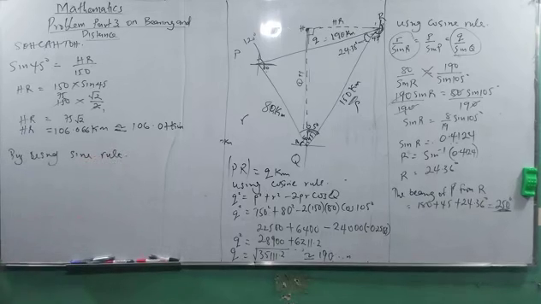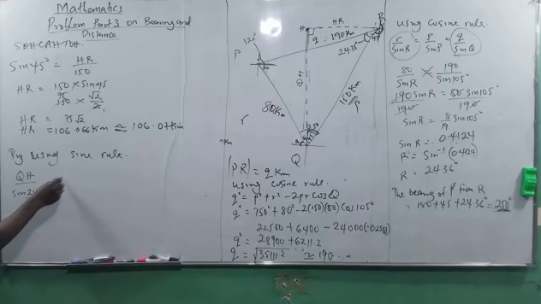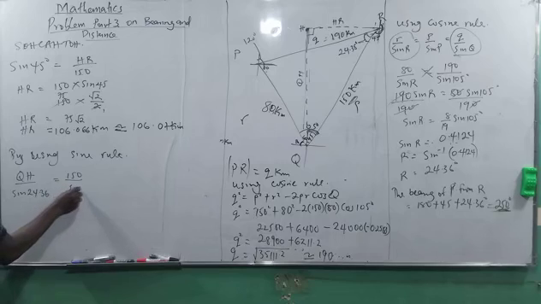What my sine rule says is that I will be using it because I'm looking for the distance, it means QH divided by sine 24 point something equals 150 divided by sine 110.64.